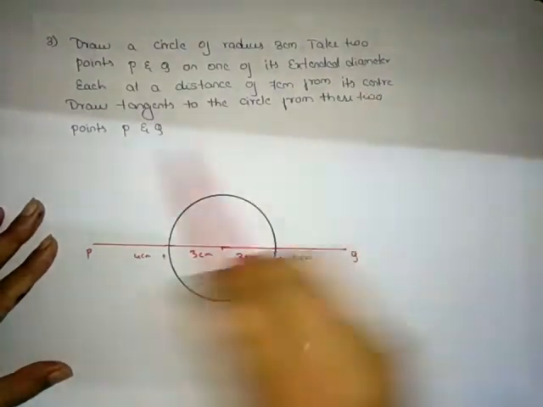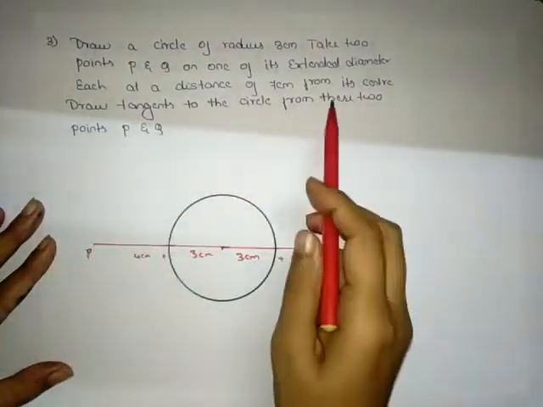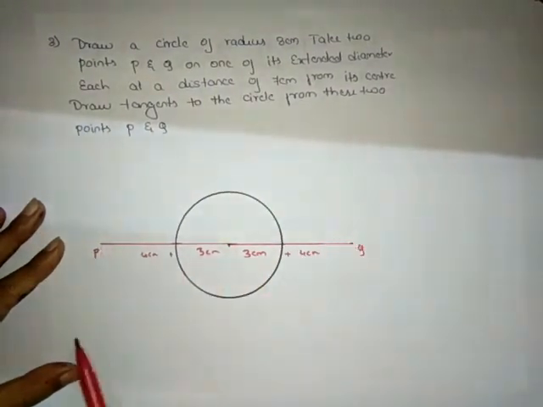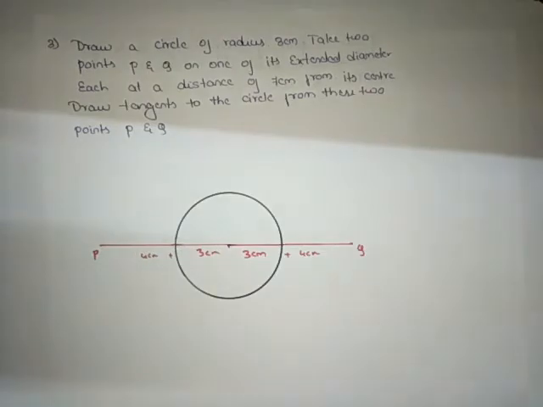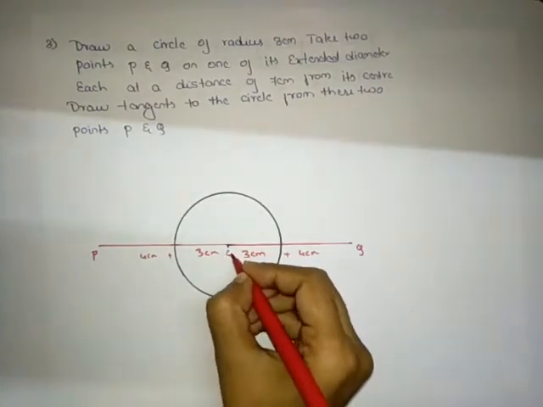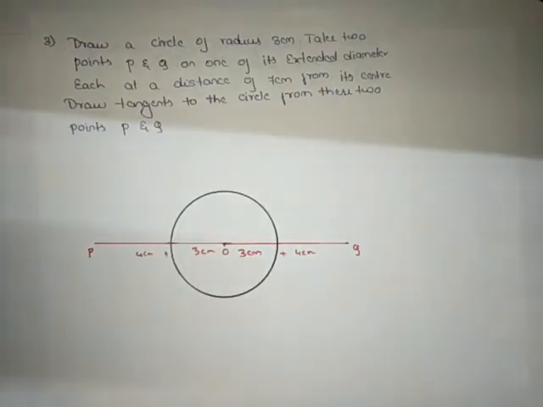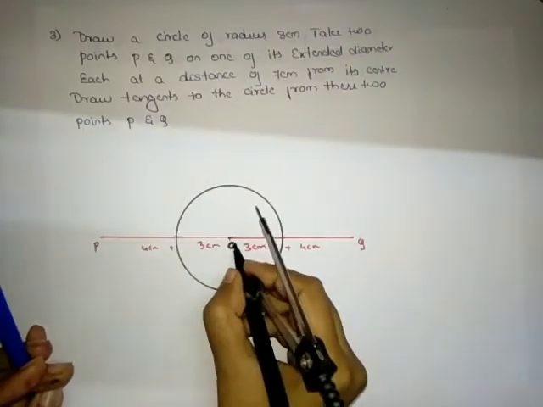And now draw tangents to the circle from these 2 points P and Q. From these 2 points we need to draw the tangent to this circle. Now we'll name this point as O.